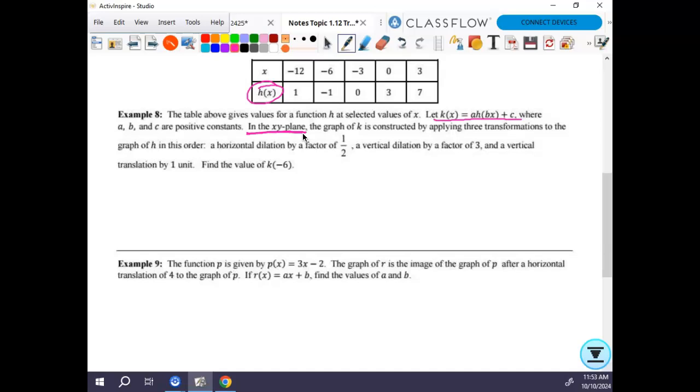All right, so the graph of k is constructed by applying 3 transformations: horizontal dilation by a factor of 1/2, vertical dilation by a factor of 3, and a vertical translation by 1 unit. So I want you to take a moment and write an equation for k of x.